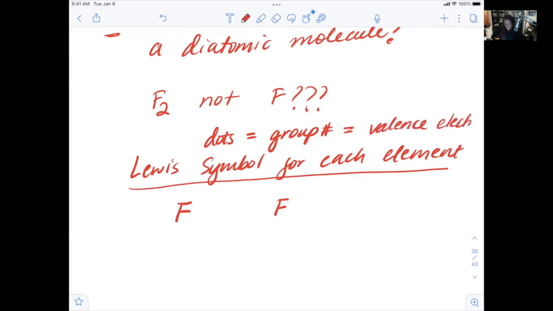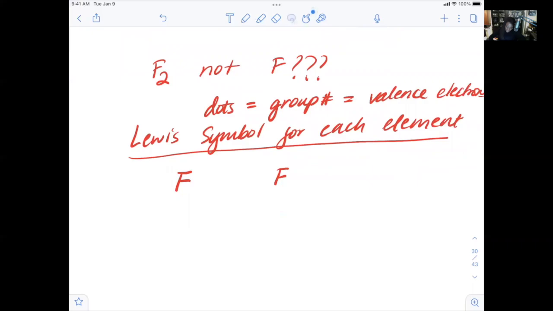Lewis also introduced the idea of a Lewis symbol for the element, which is essentially the element symbol surrounded by dots, and those dots are equal to the group number or the valence electrons, okay?